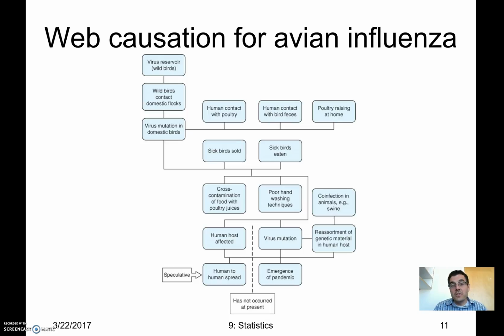Because when you start to look at the necessary contact that humans need to come into with certain types of birds, and those birds actually then need to come into contact with the type of birds or the flocks, chickens and other poultry. And will the virus then mutate? Are the environmental components necessary present to allow for that?